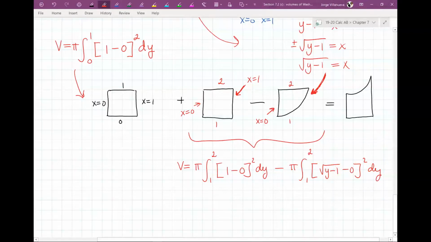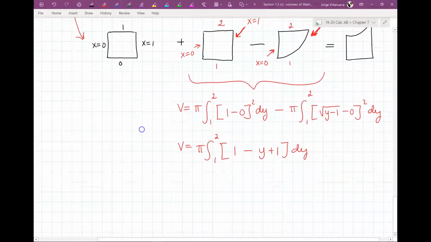Let's combine that. Pi integral from 1 to 2 of 1 squared, that's just 1, minus square root of y minus 1 squared, which is just y minus 1, so it'd be 2 minus y once I put it together, dy. So volume is equal to pi integral 1 to 2 of 2 minus y dy.